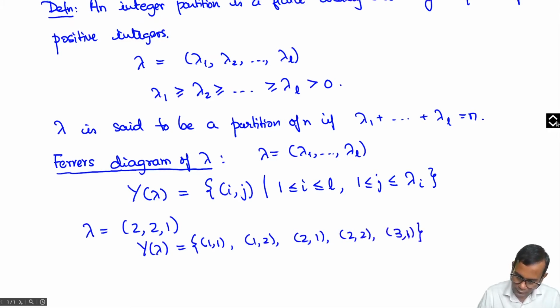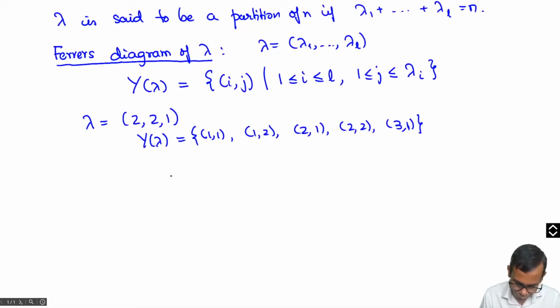I will draw these points on a grid. So (1,1) will be drawn in the first row and first column of my grid. (1,2) will be drawn in the first row and second column. (2,1) second row first column, (2,2) second row second column, and (3,1) third row first column. So this is Y lambda.